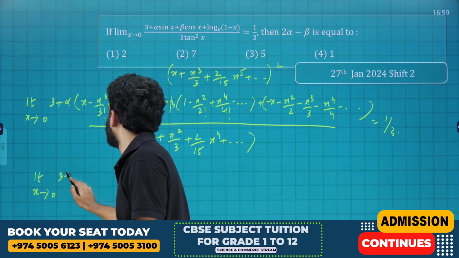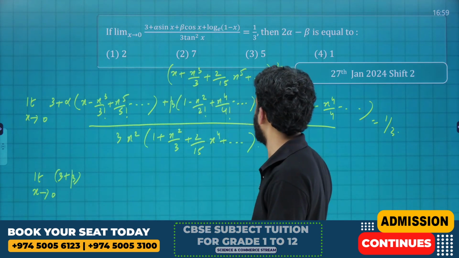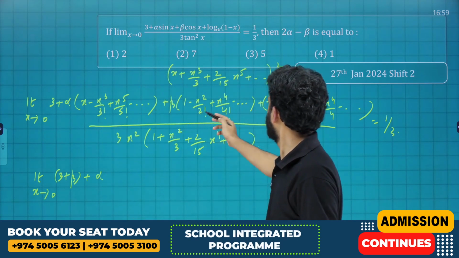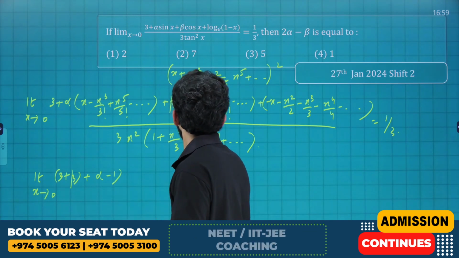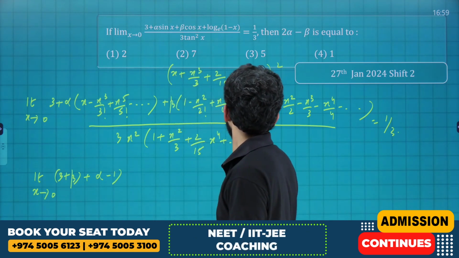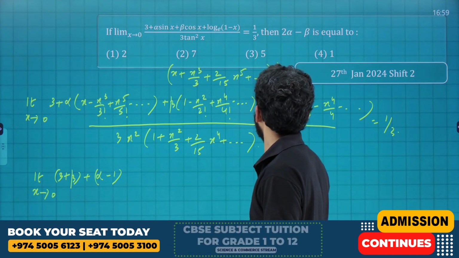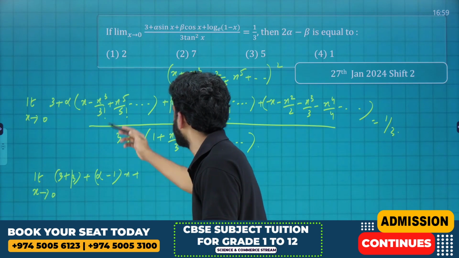The terms with x: alpha minus 1, into x, plus x square.